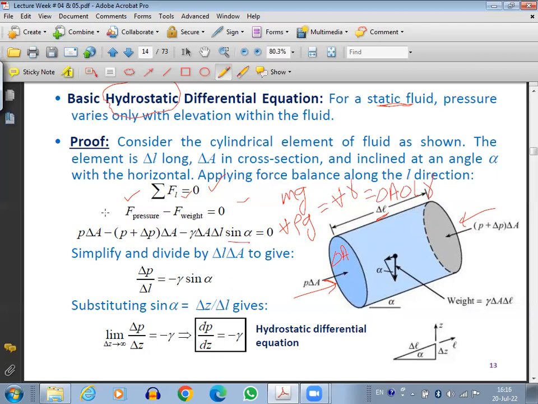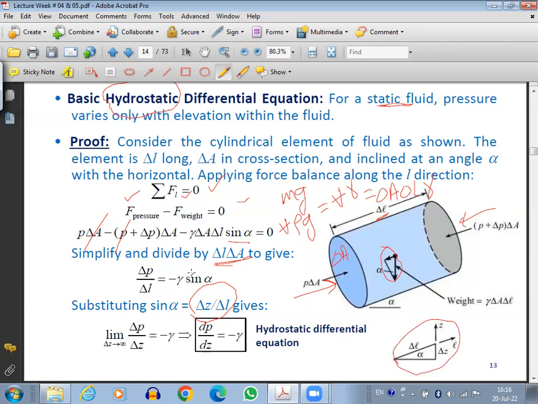So this P delta A will be cancelled by this P delta A here. So we're going to have delta P delta A minus gamma del A del L sine alpha equals 0. We can divide the whole equation by del L del A. So we'll get del P by del L equals negative gamma sine alpha. Now sine alpha can be written as del Z by del L. If you look here, it becomes this right angle triangle.